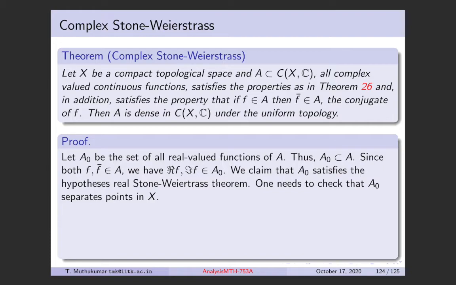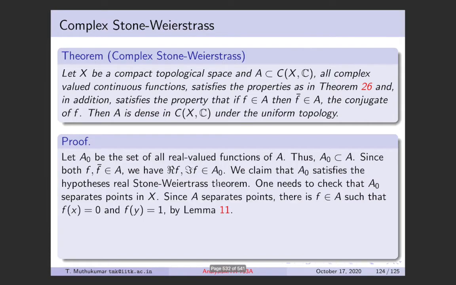That is also easy: since A separates points, there is a function f which takes the value 0 at x and 1 at y. You can find an f like that.